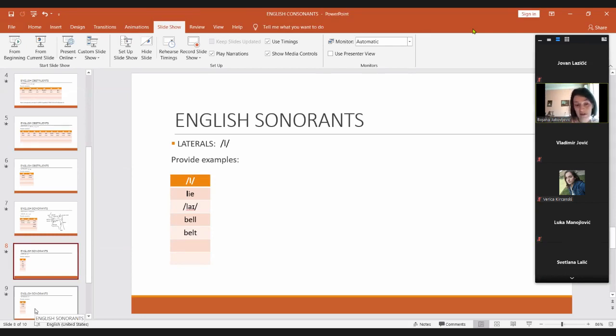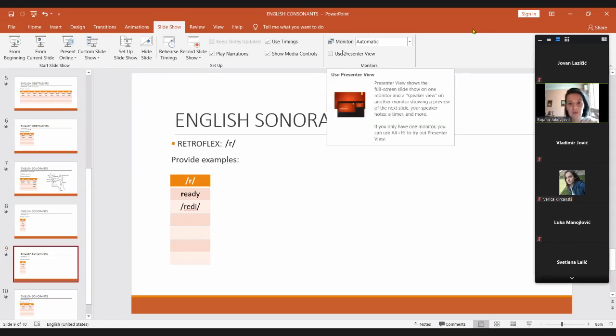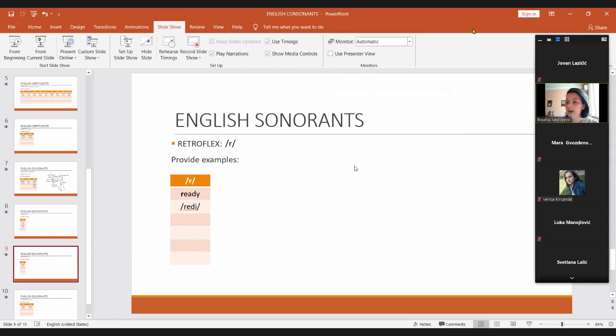Okay, you said liquid, so these are laterals, and there is also retroflex. Now, this is, well, for many people, a key difference between British and American, because in American, whenever you have an R in spelling, you produce the R sound. In British, there are two positions in which you do not produce it.